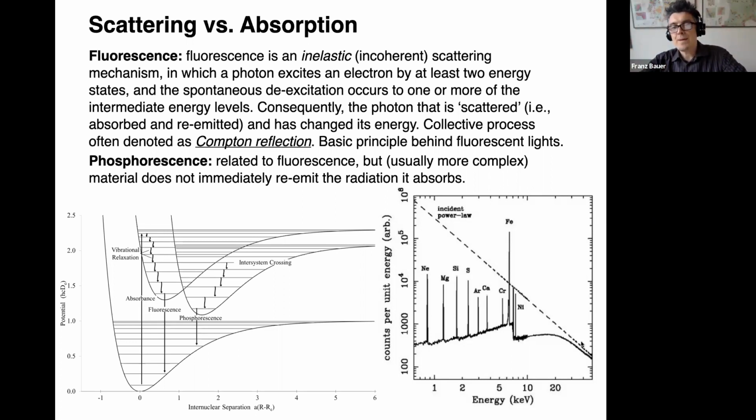And so what happens is you have a high energy photon, which pops, excites this electron into a higher state. And then you get a cascade of photons. And so these lower energy photons will all be down here. And then this final photon here will be this one, which you'll see in the X-rays.